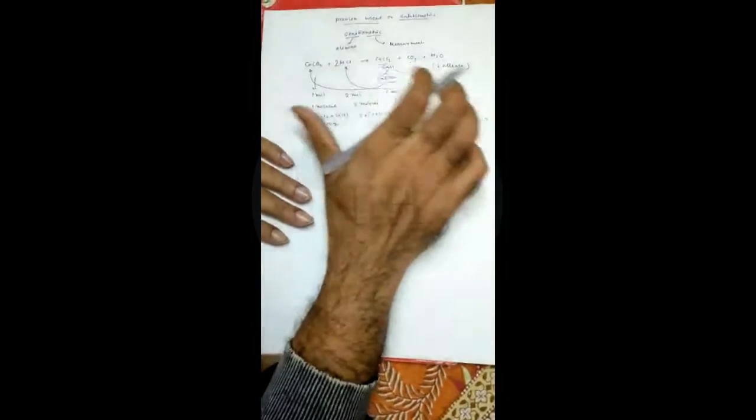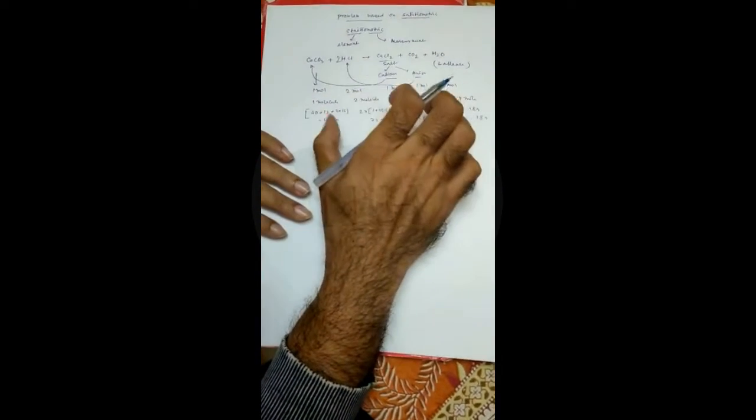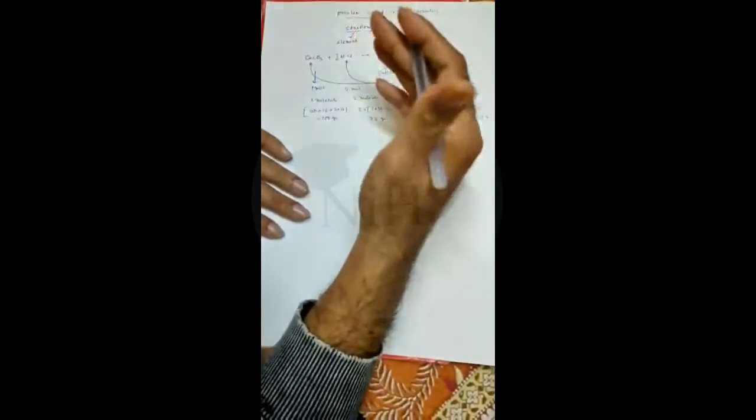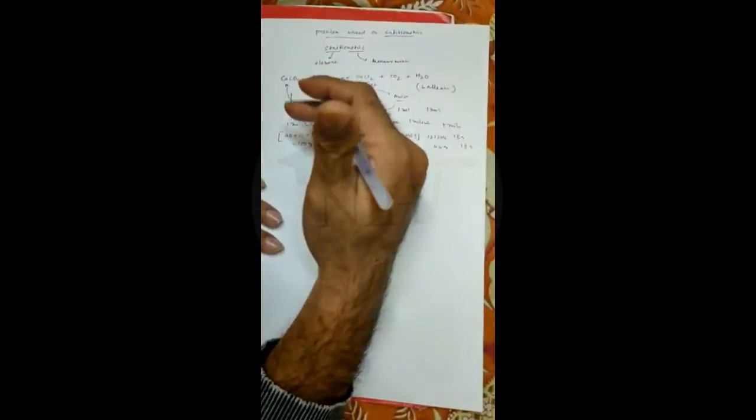They are doing this kind of problem based on mass, but as this is a mole concept, whatever is given in grams, that is mass, we always convert into moles, right?